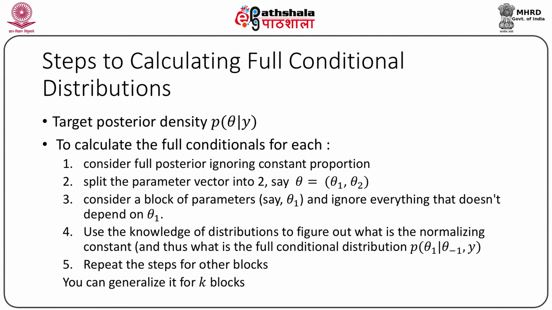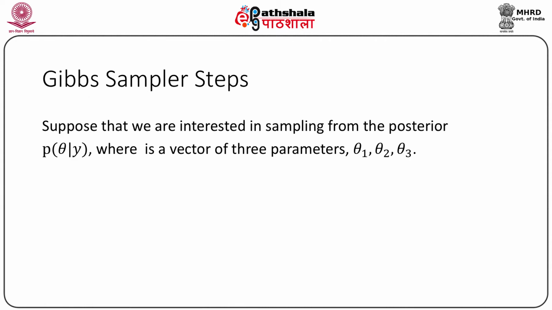Then consider a block of parameters, say 1, and ignore everything that does not depend on 1. Use the knowledge of distributions and the normalizing constant we ignored, and thus the full conditional distribution is obtained. We repeat the steps for other blocks, and generalize it for k blocks.